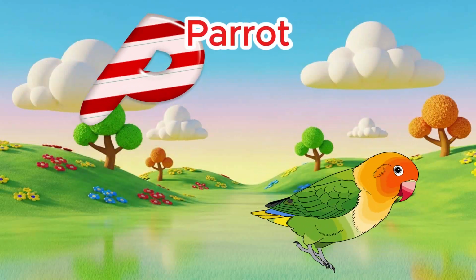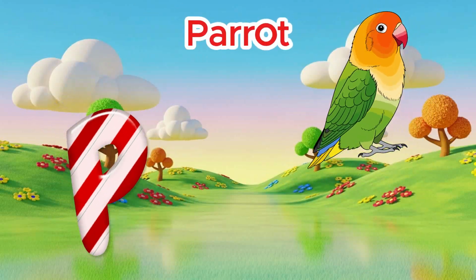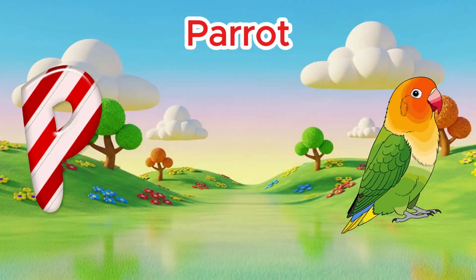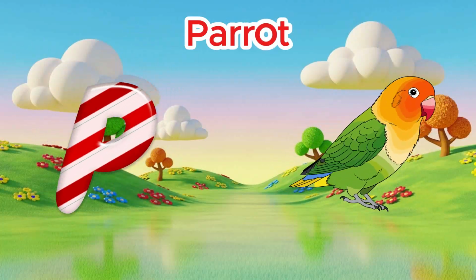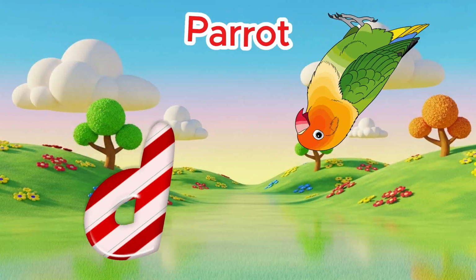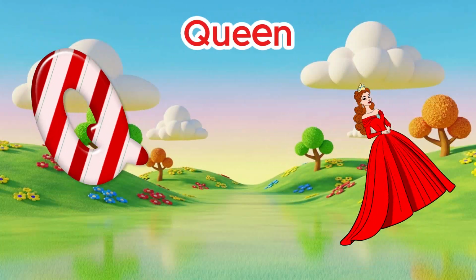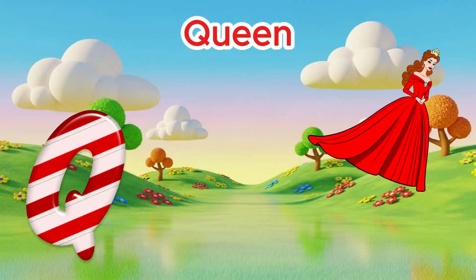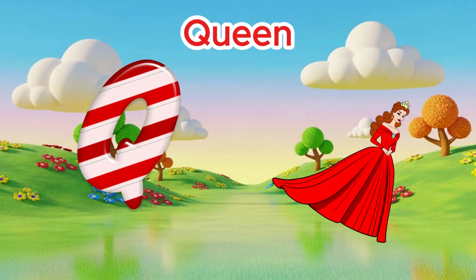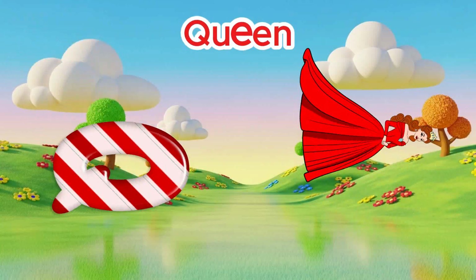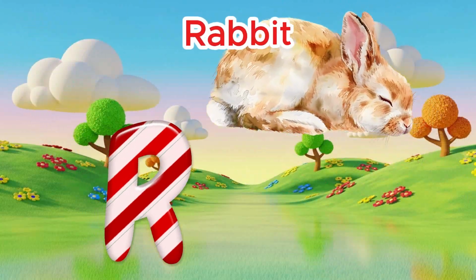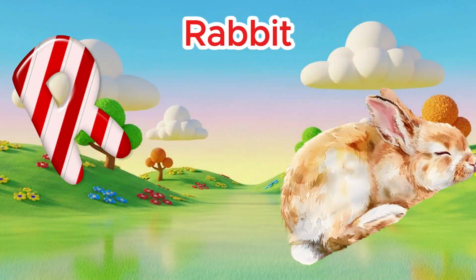P is for parrot. P, parrot. Q is for queen. Q, queen. R is for rabbit.